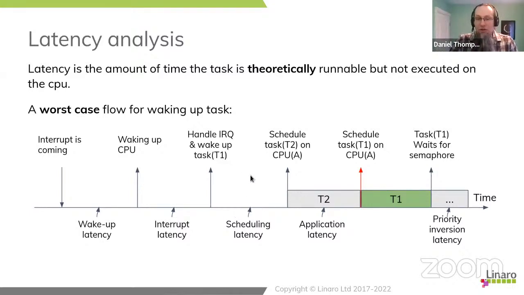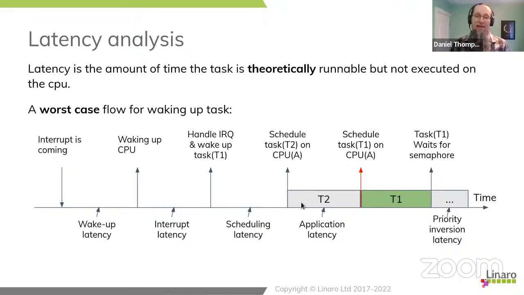There is then actually some cost to make a scheduling decision, potentially because we have avoided preemption. So if we have got preemption disabled for various reasons, there is a delay before which we can't actually make scheduling decisions. And once we can make scheduling decisions, the next set of latency is what we've called application latency here.